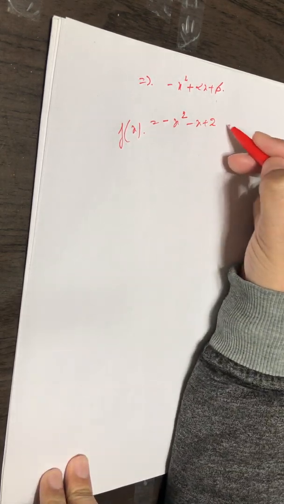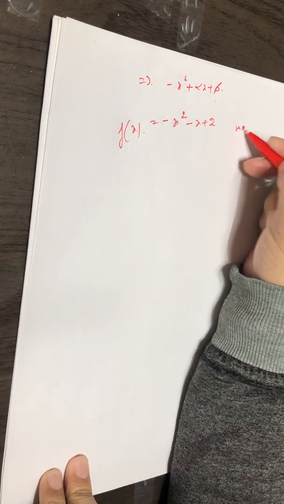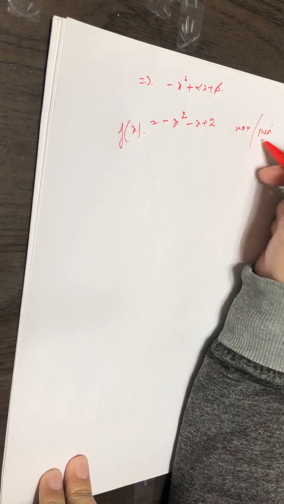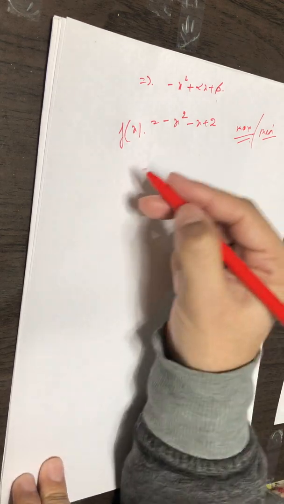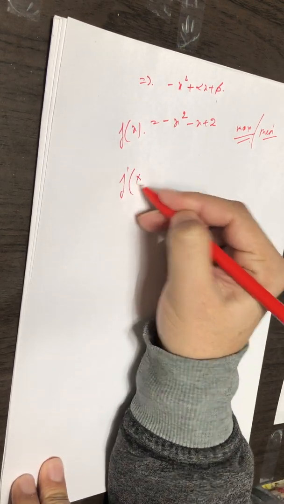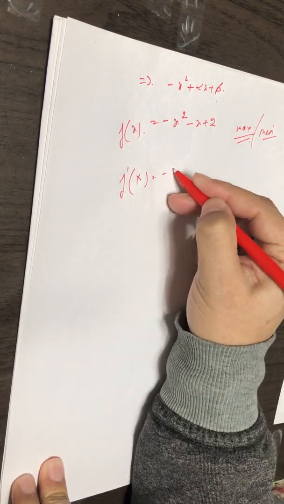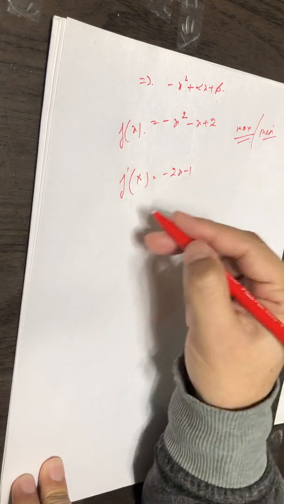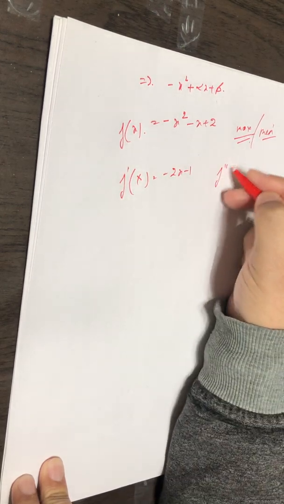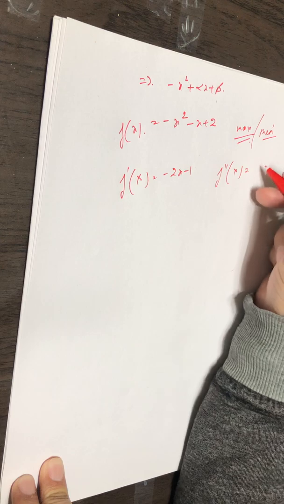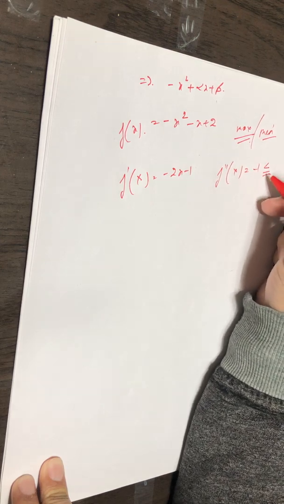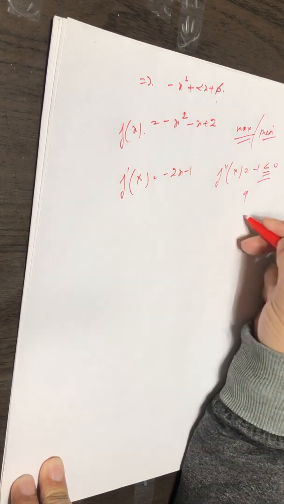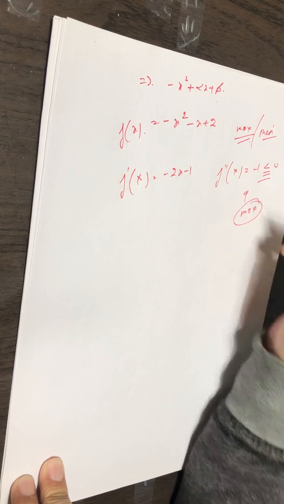So in order to find out greatest and least value, it means we are going to find out maxima or minima, whatever it comes out. So for that we are going to find out its first derivative, that is minus 2x minus 1, and find out its second derivative, that is equal to minus 2. So obviously it is less than 0. Less than 0 means only a maxima can occur.